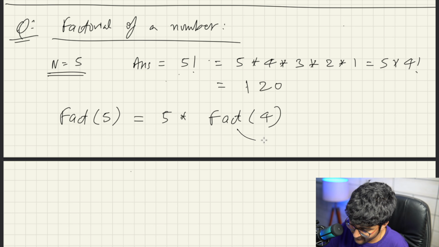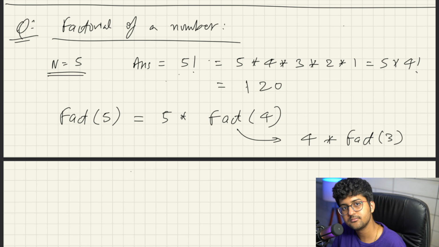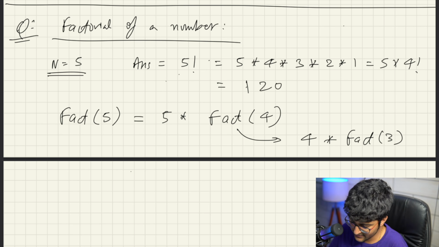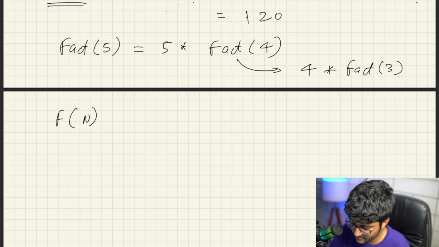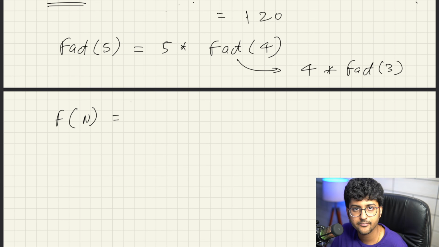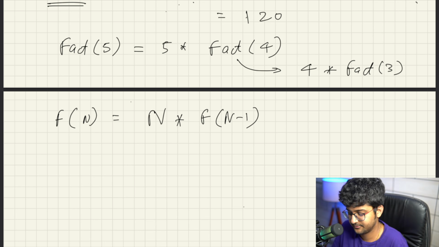Can I not write factorial of 4 as 4 into factorial of 3? Now can you see the recursion pattern? That's it. So what is factorial of n? The recursive call that we made previously. What is factorial of n? N multiplied by factorial of n minus 1. That's it. That is it.